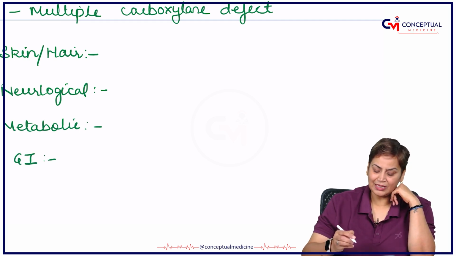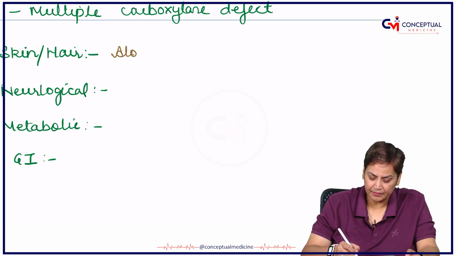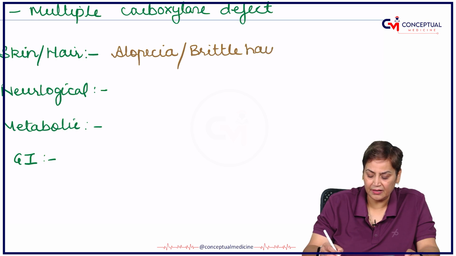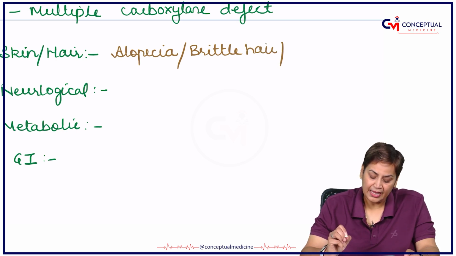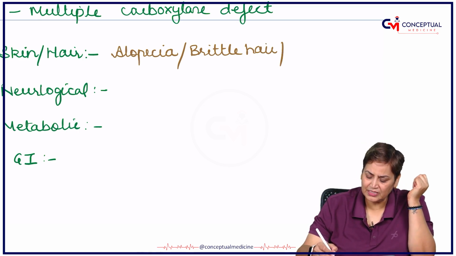So if we talk about the skin and hair, it leads to alopecia. The nails will be brittle and they will easily break. Brittle hair. Okay, and there will be dryness of the scalp. So seborrheic dermatitis also will be there.